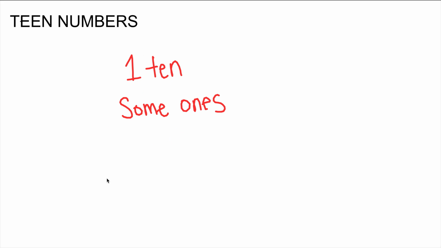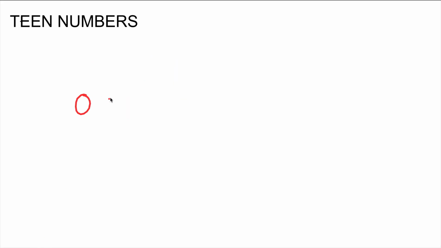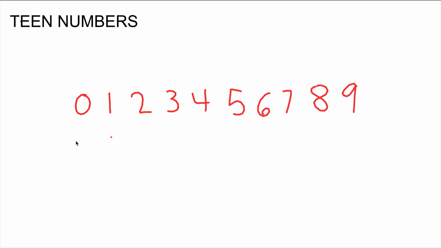Teen numbers have 2 digits. Say that: 2 digits. And you might be thinking, what are digits? Well, digits are 0, 1, 2, 3, 4, 5, 6, 7, 8, and 9. These are digits. And no matter how I put these digits together, it would make a number.